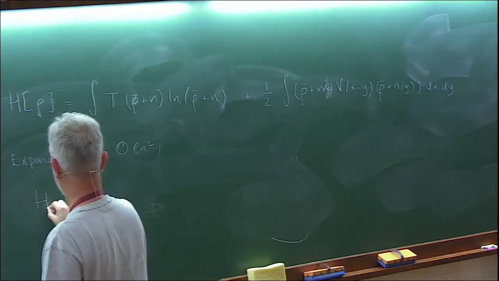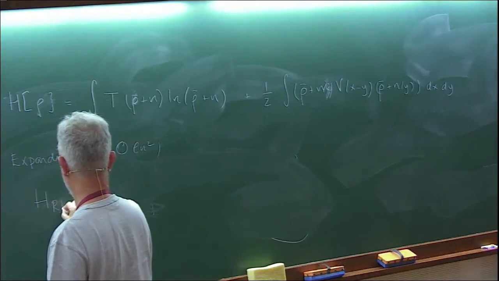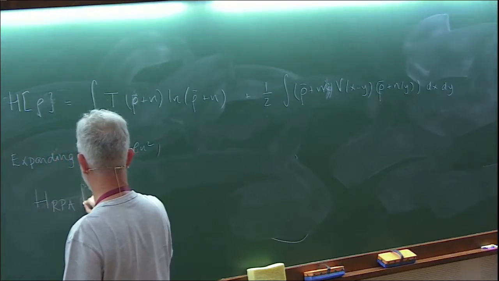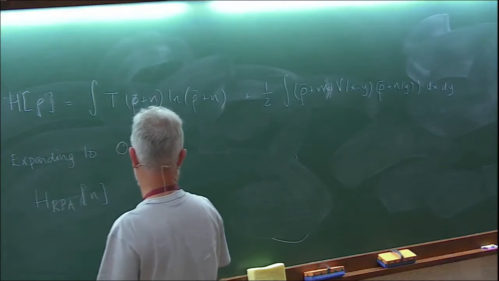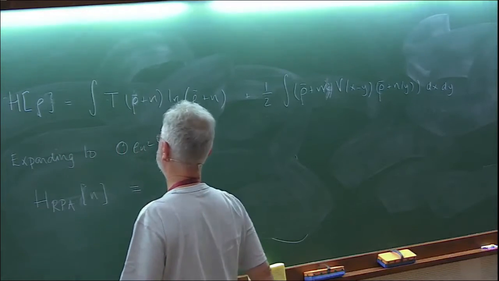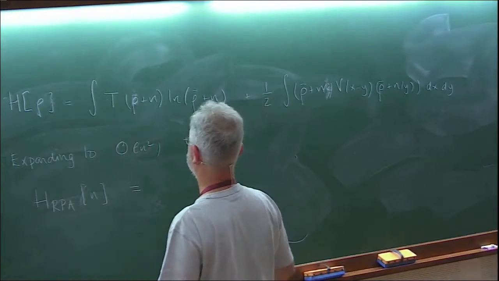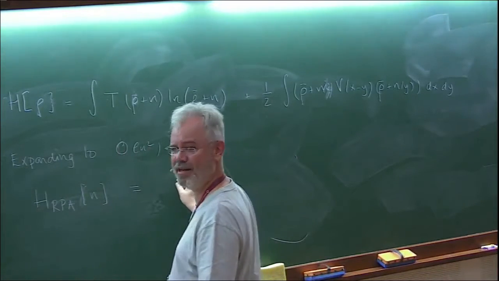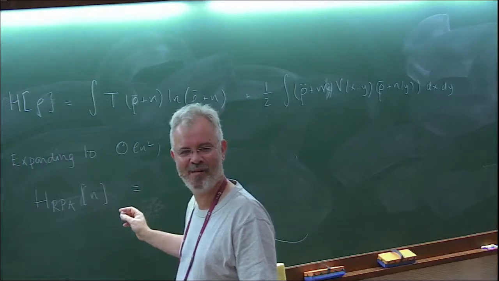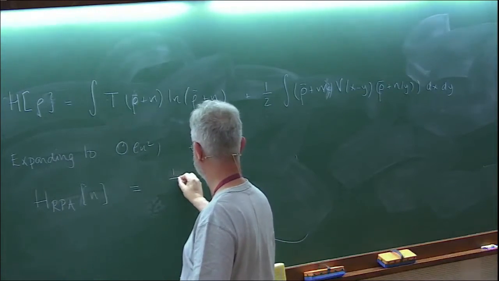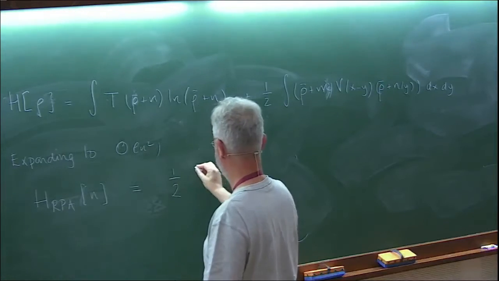We call this H_RPA. This is called the random phase approximation, for a reason I've never really understood, because I think it was an approximation used in quantum mechanics, but they carried on using this notation in liquid theory. Do you understand why they call it the RPA? Anyway, when you do that, it becomes a quadratic Hamiltonian.